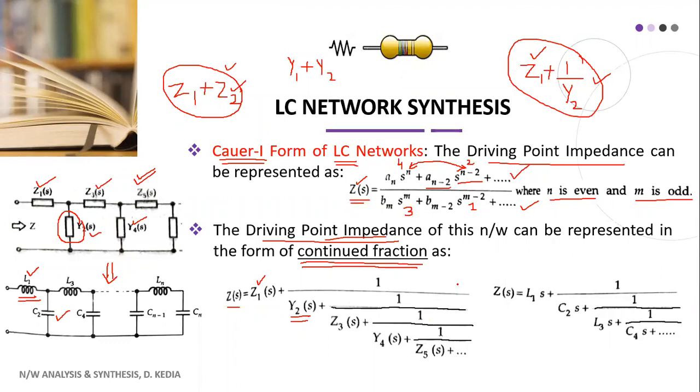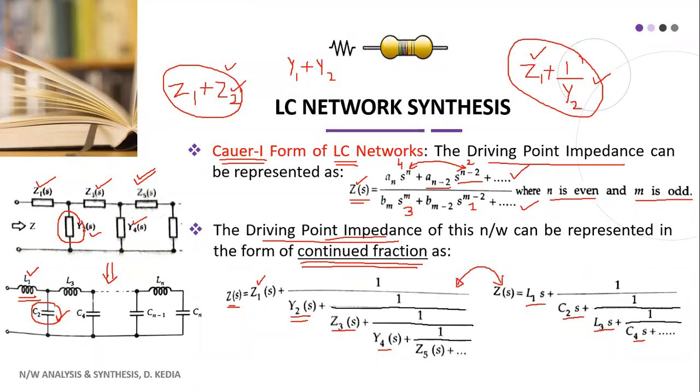Correlate this representation with this. Z1 is L1s. What is Y2? The admittance for the capacitor is C2s. What is Z3? L3s. What is Y4? C4s, and so on.